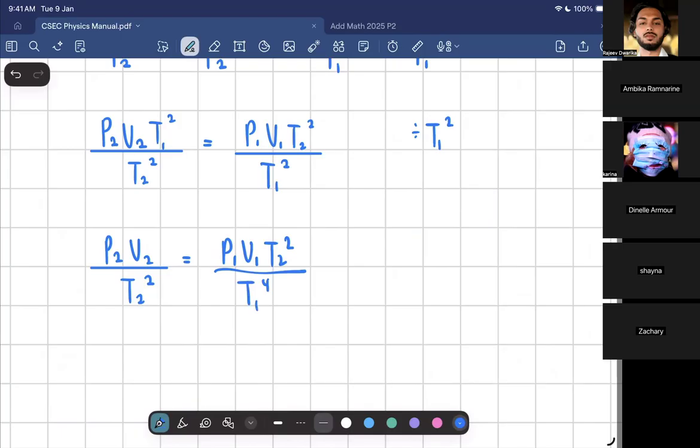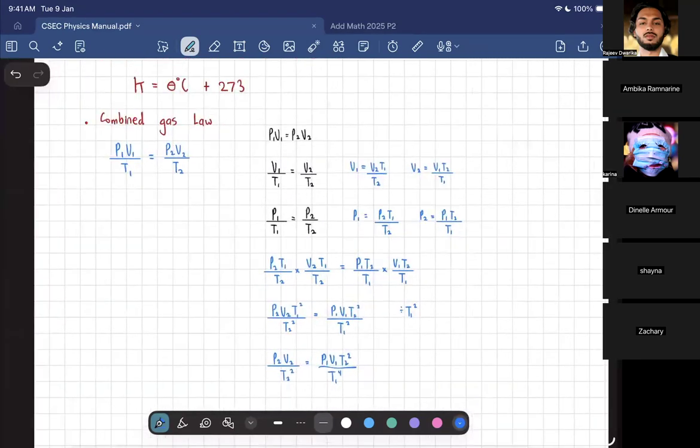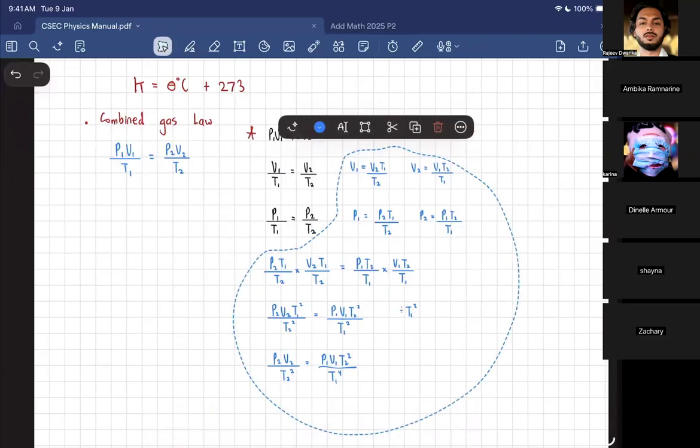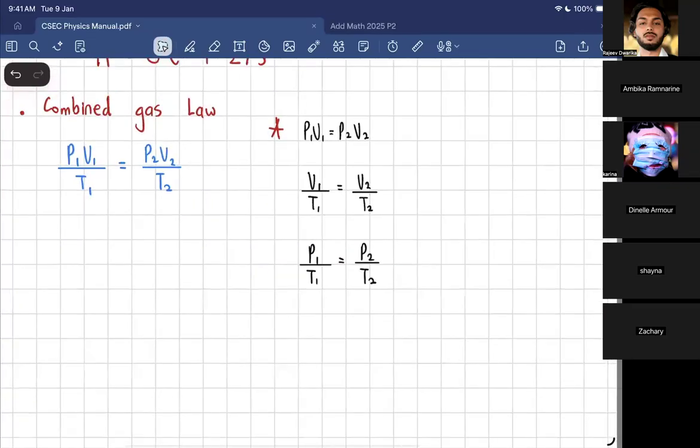And that's no bueno. We do not want that. Okay, so I'm gonna put an asterisk by this. Something is wrong here, but it's supposed to work out. Let me just recalibrate and think.